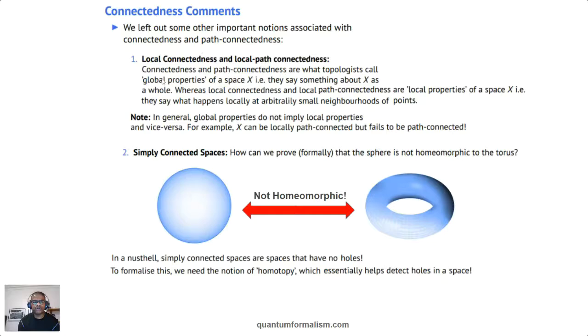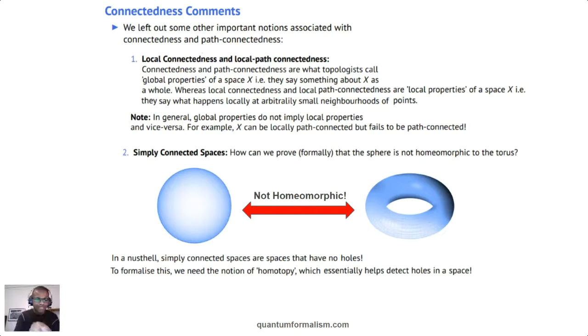Okay, so first of all, connectedness and path connectedness are what topologists call global properties of a space X, X being a topological space, not SpaceX from Elon Musk. So these global properties say something about the space as a whole, whereas local properties say something about what happens locally, at arbitrarily small neighborhoods of points.